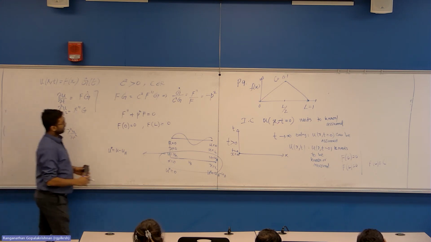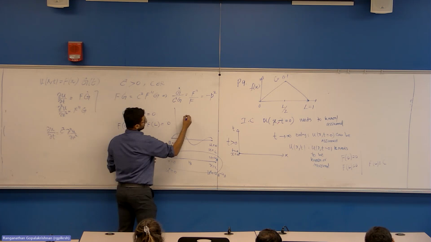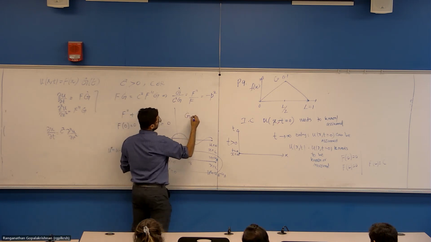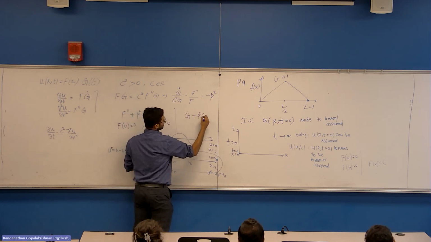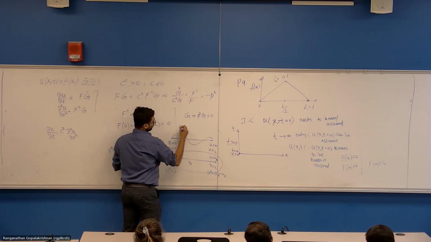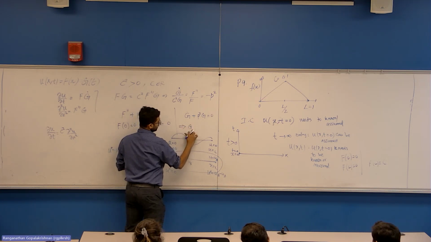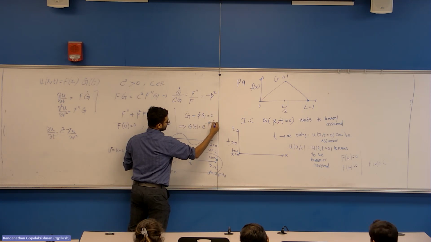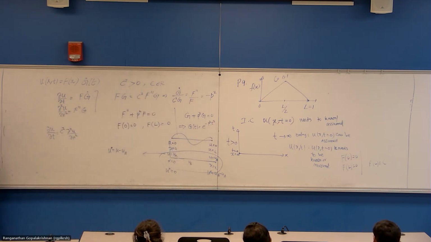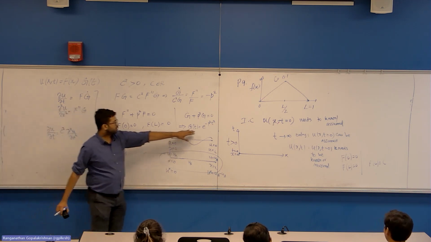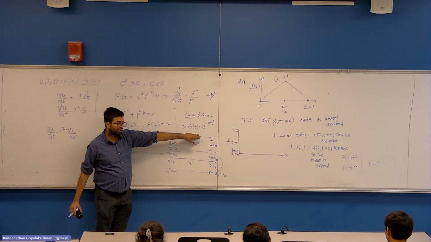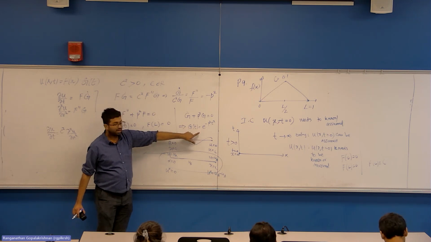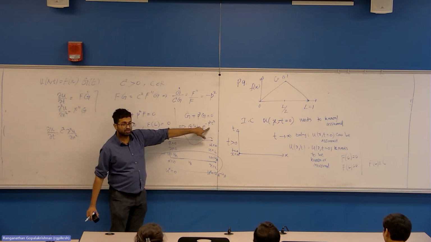I'll stop with this one remark to say you have g dot plus p squared g equal to 0, which leads to g of t equals exponent of minus p squared t. In the wave equation situation, g of t was a cosine and sine or a trigonometric function, whereas here it's a decaying exponent. P squared is a positive number.